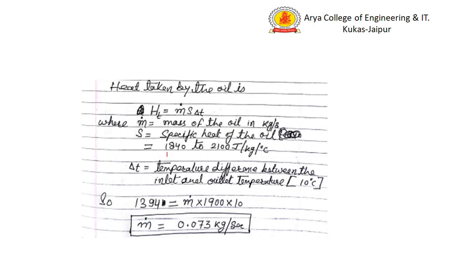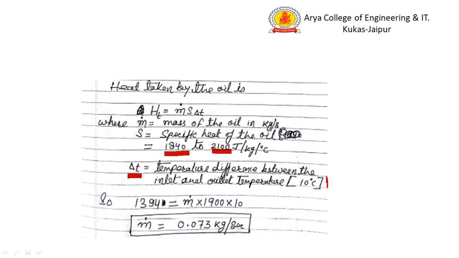We can take this value generally as 1800 to 2100 joule per kg per degree centigrade, and delta T is the temperature difference between the inlet and outlet temperature.